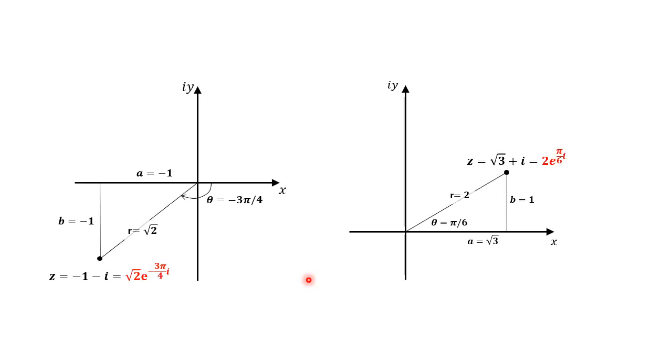In this slide, we go over two of the examples or exercises from the previous slide. The first one is converting the complex number -1 minus i into a polar exponential form. We have -1 is the x coordinate, -1 is the y coordinate. The point is right here that I'm pointing to. Using the Pythagorean theorem, the modulus is square root of 2.